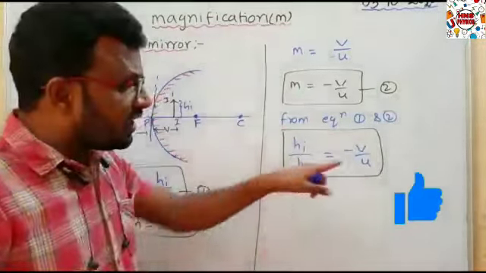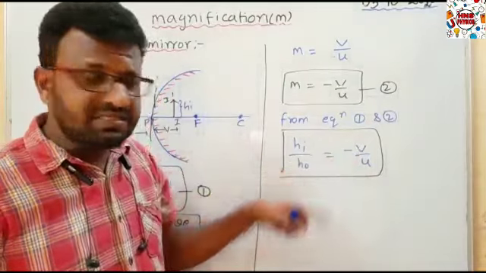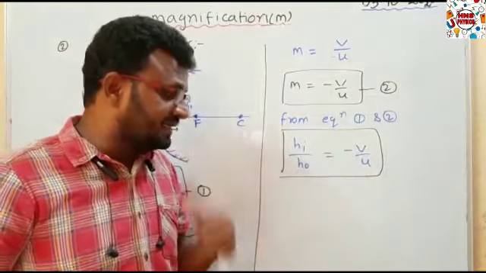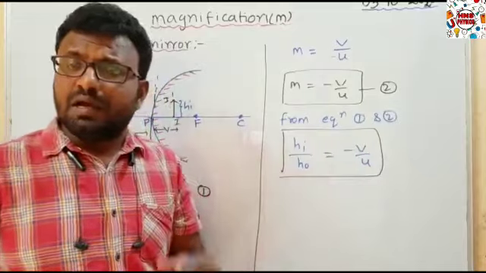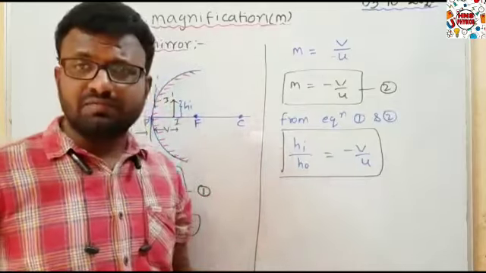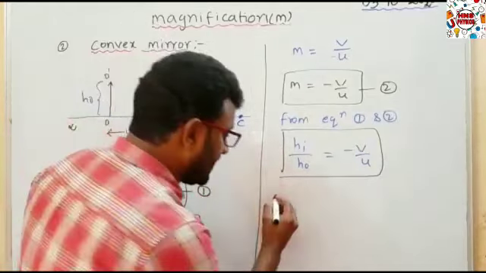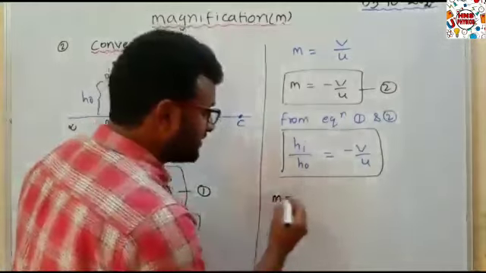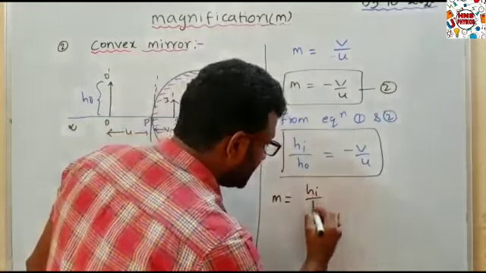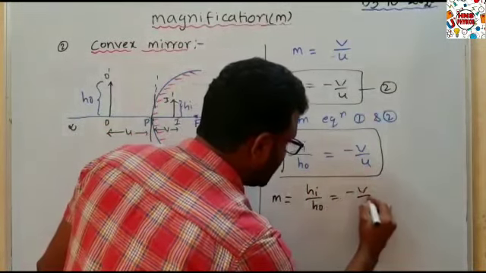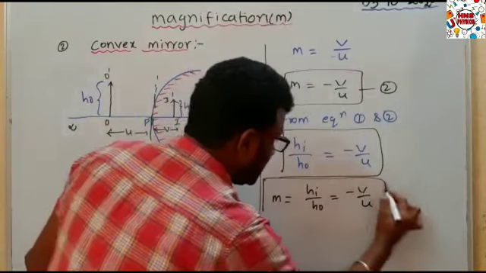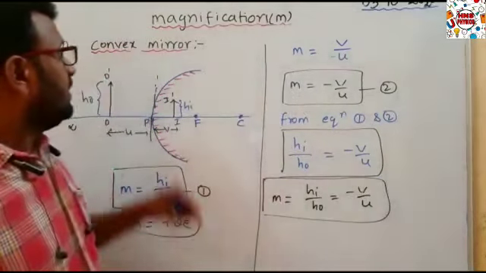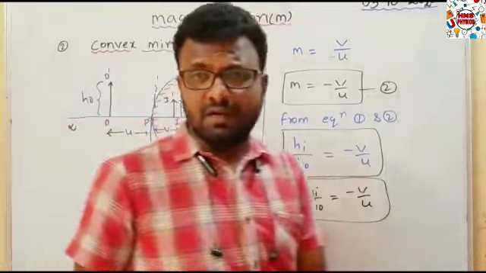If you know the object distance, the image distance, and the object height, then we can find the height of the image using this formula, right? Finally, for a convex mirror, height of the image by height of the object is equal to minus V by U.